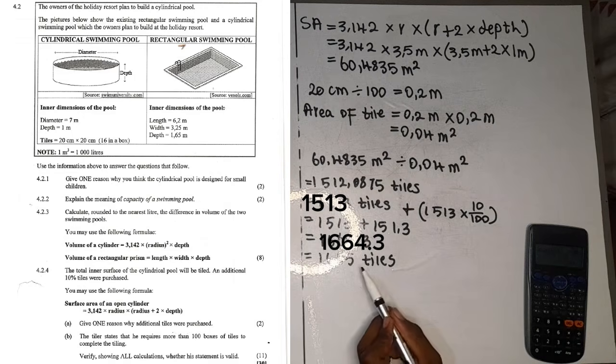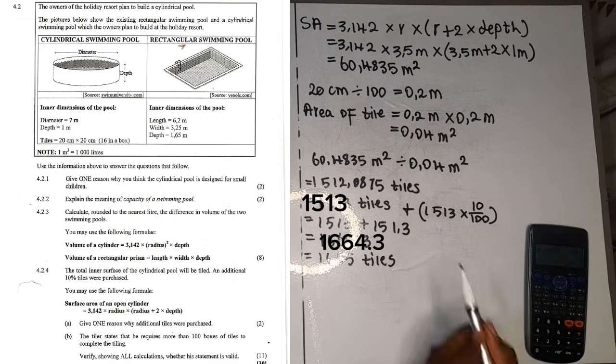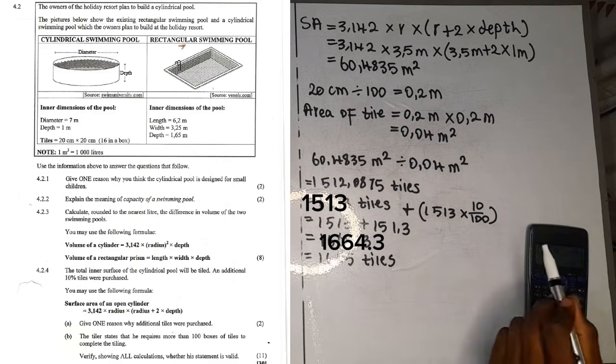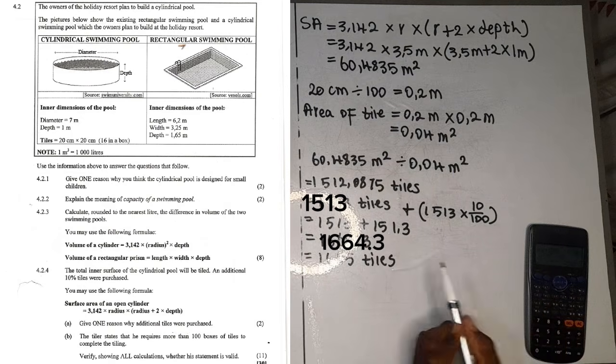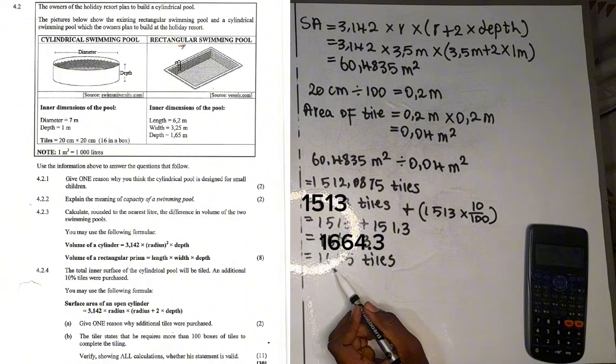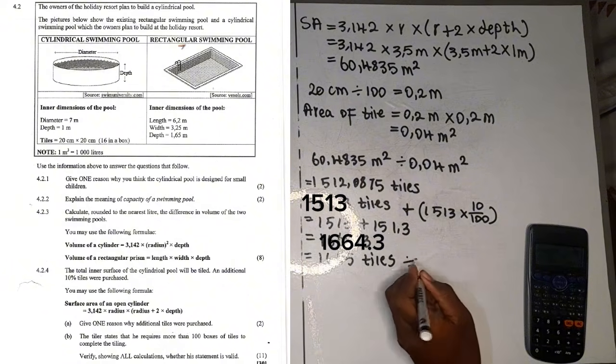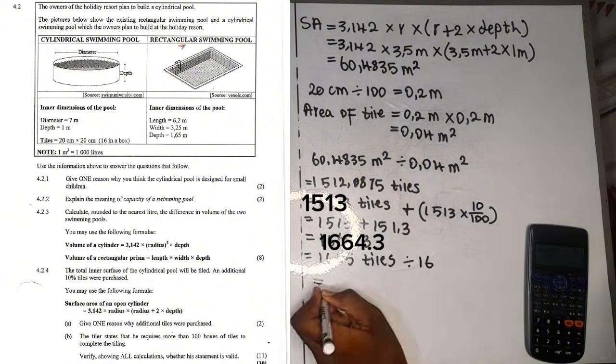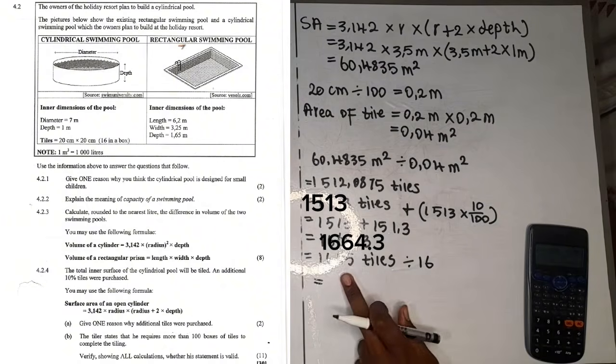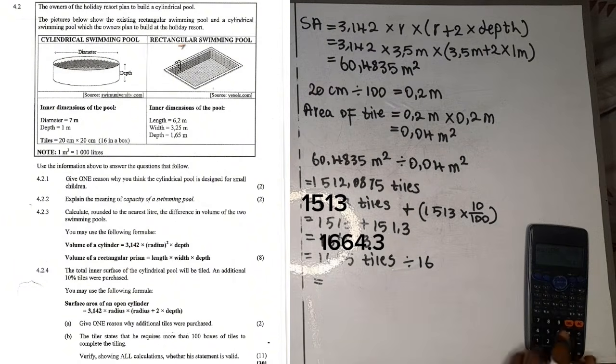Okay, so now that we know the number of tiles, we need to determine the number of boxes that these tiles will fit into, right? So going back to the scenario, we have been told that one box carries 16 tiles. There's going to be 16 tiles in a single box. So we're going to take the number of tiles and divide it by 16, and that will tell us how many boxes will come out of the number of tiles that we have.